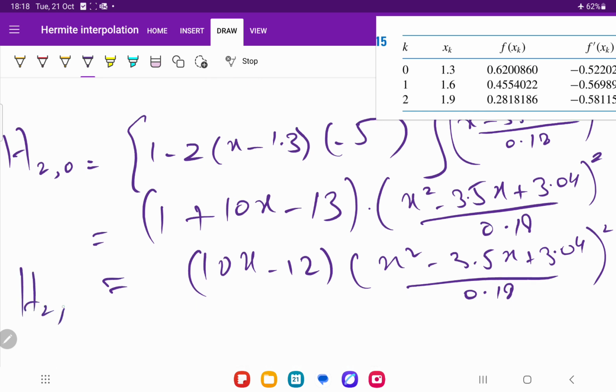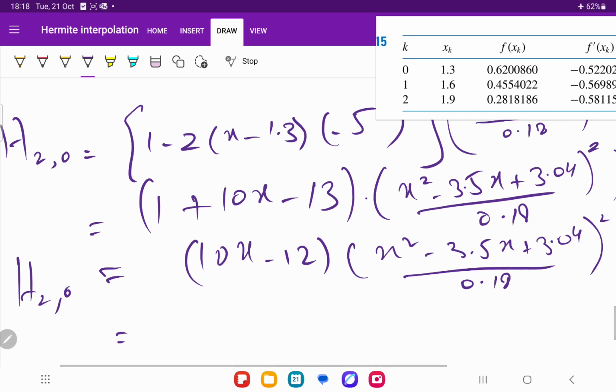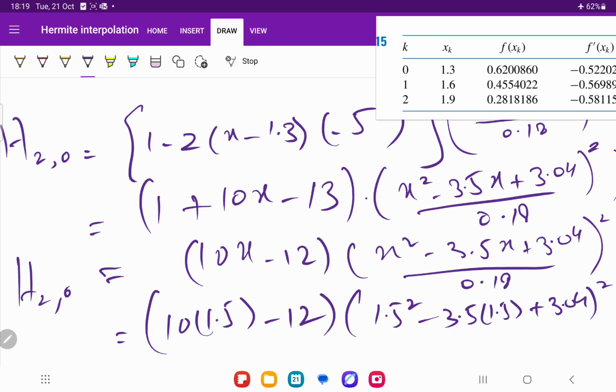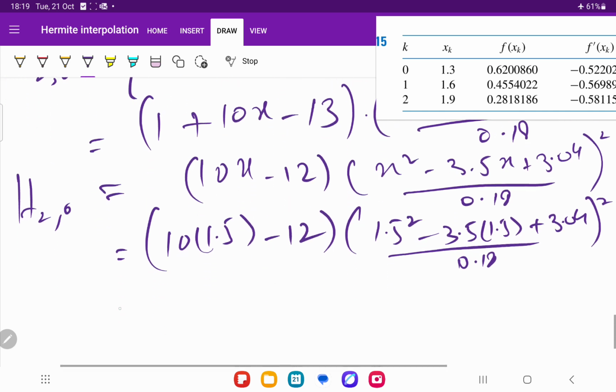Now at this point you could use your calculator to get the value: 10 into 1.5 minus 12, and then 1.5 square, 3.5 into 1.5 plus 3.04, whole square, over 0.18. So what should be your answer now?